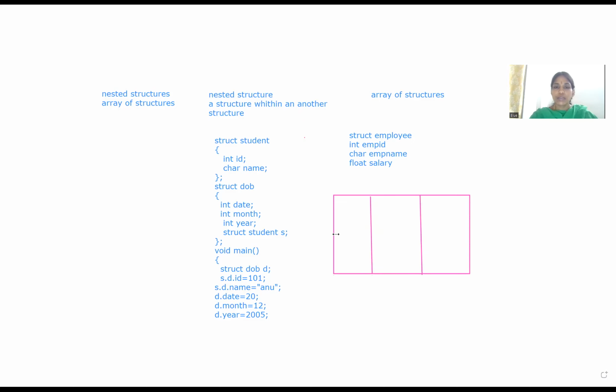This is the employee 1. Okay, I want to store three employee details by using the array. Employee 2 and next employee 3.